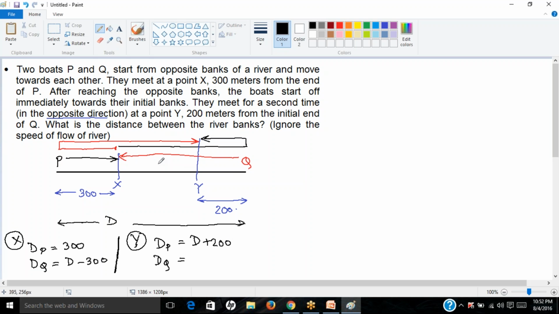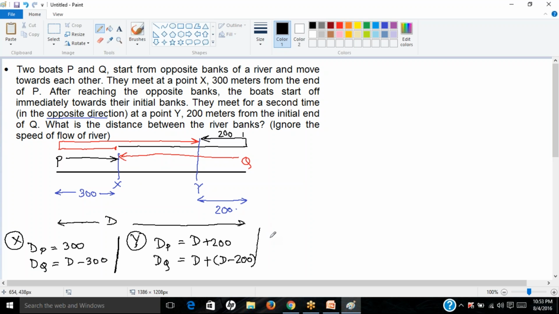Q traveled the entire distance PQ, that is d, plus, if this portion is 200, then the remaining distance is d minus 200, isn't it? I am saying this is d minus 200, this part. All of you are okay with this?